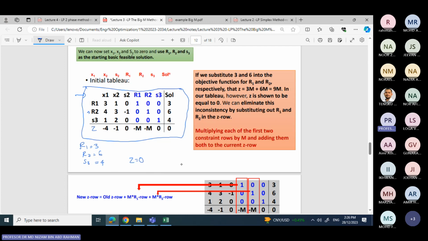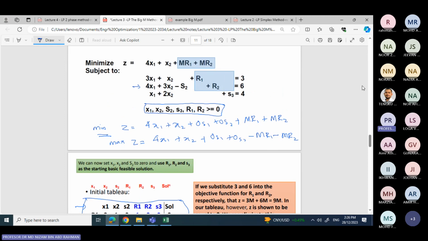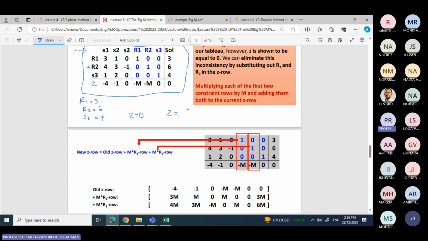So if you have the objective function Z, and the objective function for this particular case is equal to 4x1 plus x2 plus M R1 plus M R2. Since x1, x2, and s2 are not part of the solution, x1 equals 0, x2 equals 0, s2 equals 0.